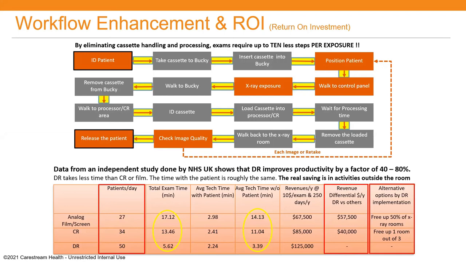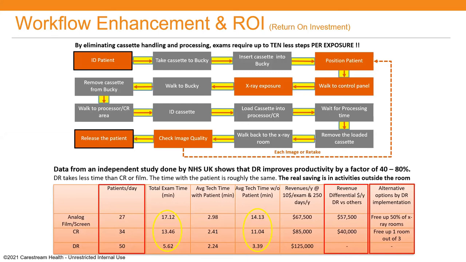There are countries in Europe or in the US where the reimbursement rate is much higher. But even if we stay very conservative, taking $10 per exam and 250 days per year, you can see from this simple exercise that an analog film screen facility doing 27 patients per day can make roughly $67,000 per year as a total turnover.